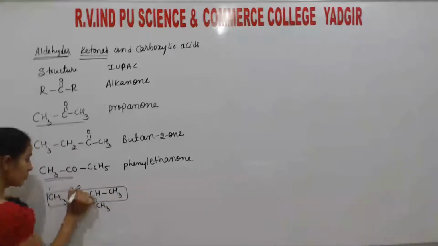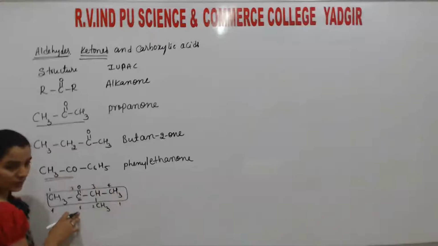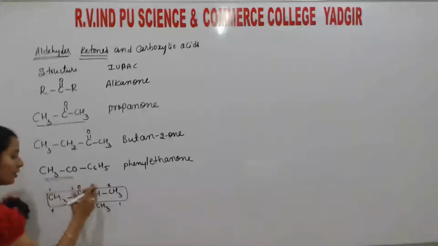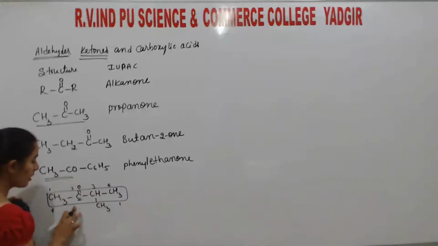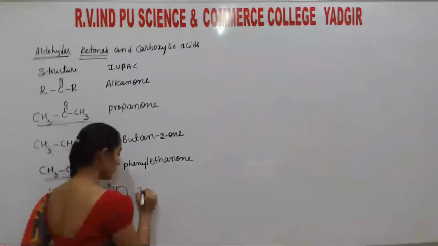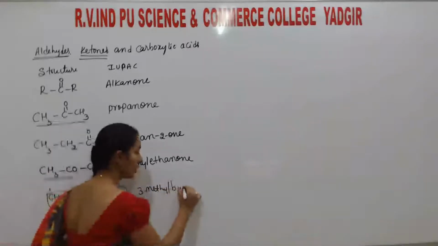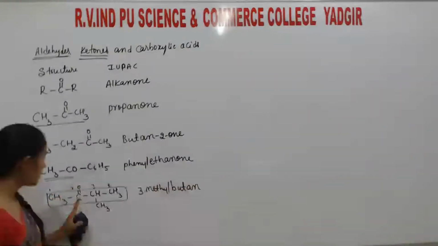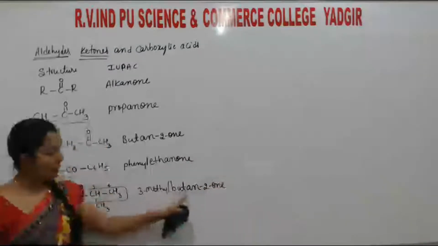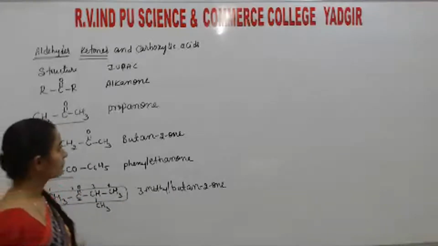So listen, 1, 2, 3, 4. Here 1, 2, 3, 4. So from right to left, the ketone will get the third position. From left to right, the ketone is getting the second position. Left to right is the correct way of numbering. When we start numbering left to right, this methyl group gets the position 3. So that is 3-methyl. The parent chain consists of 4 carbon atoms. That is, the last E is replaced by ONE, at the position 2. So 3-methyl butan-2-one is the name of the compound. Okay. Next.